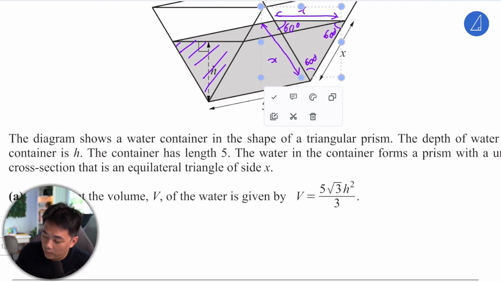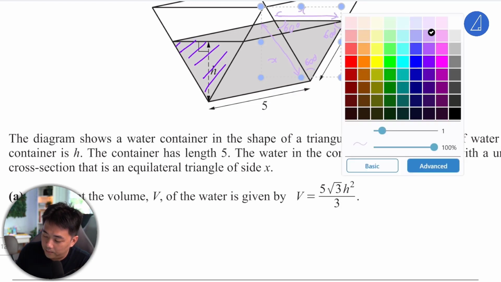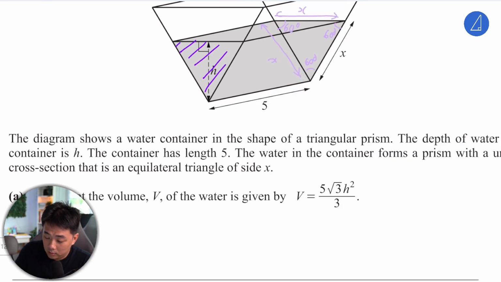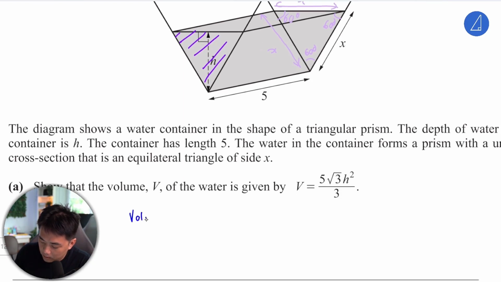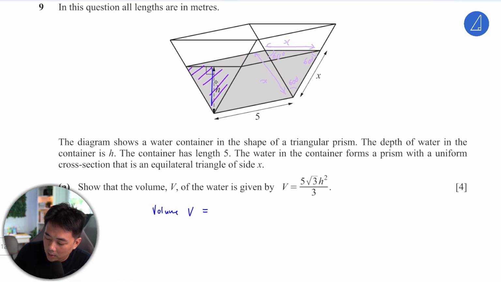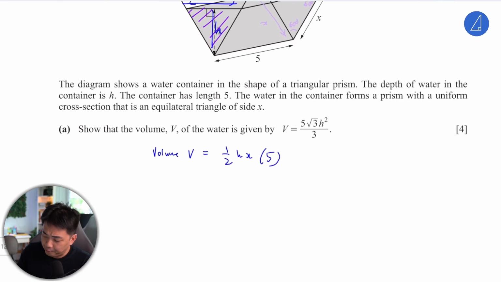So let me write it down. The volume V will just be half multiplied by base, because the area of a triangle is half times base times height, then multiplied by 5, right? Base area times length. So it's actually 5 over 2 hx.